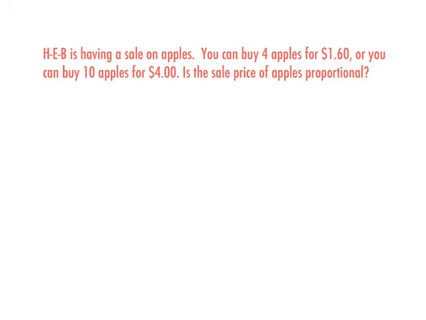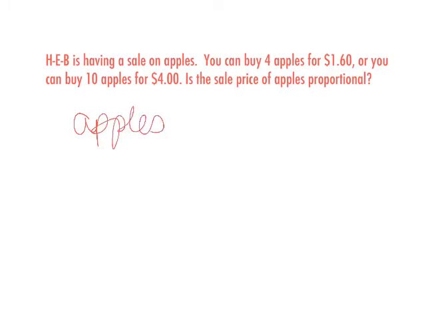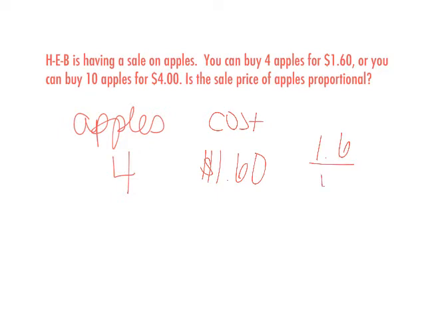We have 4 apples, and then the cost is $1.60. So let's say we do $1.60 divided by 4 to get the price per apple. So $1.60 divided by 4 is 0.4, meaning each apple costs 40 cents.